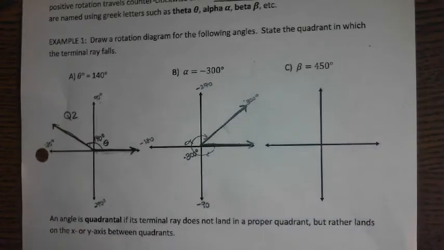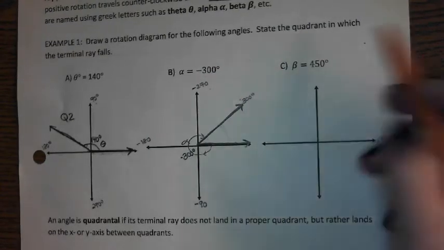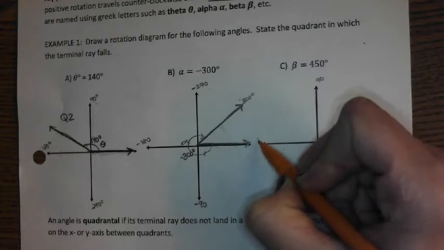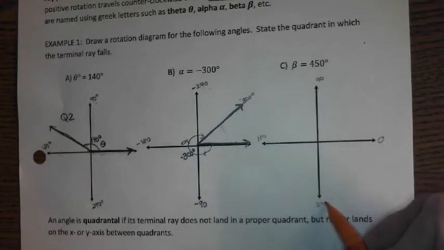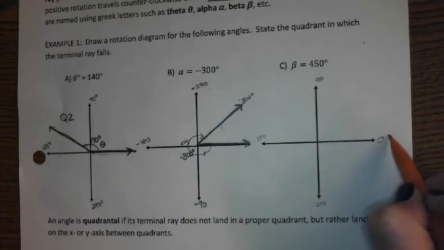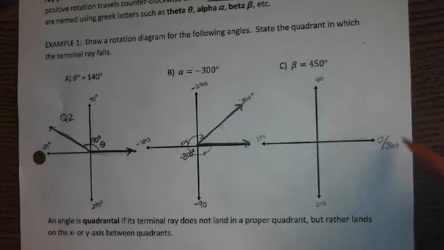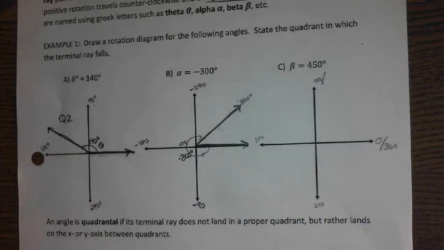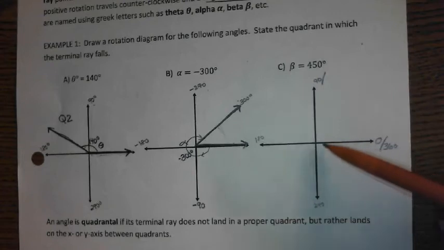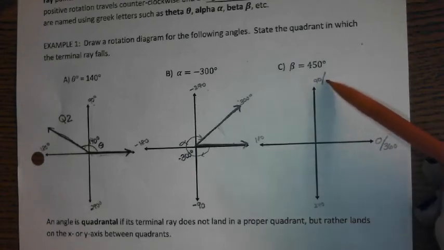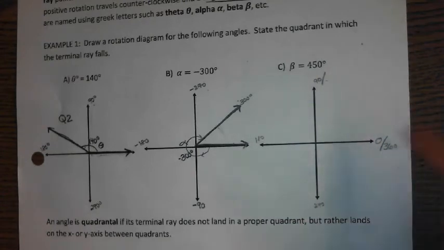This last one is 450. What can you say about 450? 0, 90, 180, 270. What's this? Okay, 0 and 360 coincide. What's this? We have to go 90 degrees past 360.